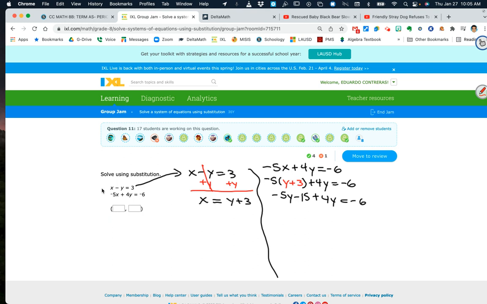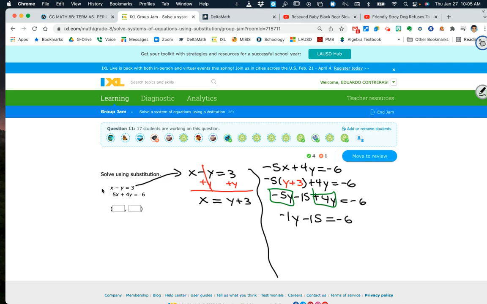So after we distribute, what do we have to do? Add like terms, yeah. We got a negative 5y, positive 4y. So negative 1y. And then the negative 15 equals negative 6.